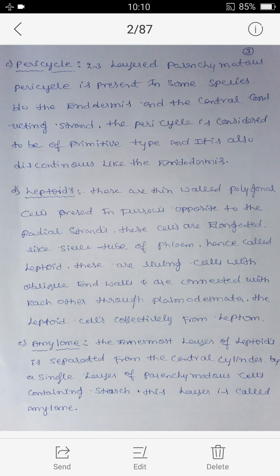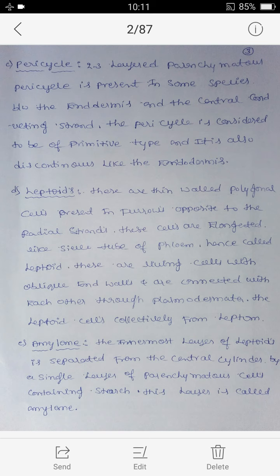Next is leptoids. These are thin walled polygonal cells present in furrows opposite to the radial strands. These cells are elongated like sieve tubes of phloem, hence called leptoids.